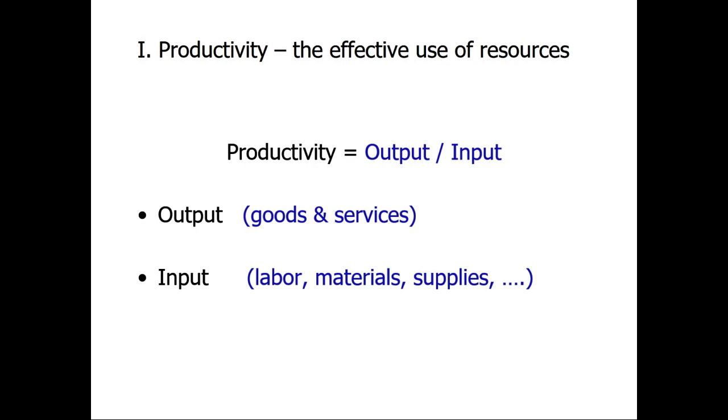So we often see things come up like labor, materials, machine hours. I put supplies here, but I mean raw materials that go into the process. So there are lots of things we could use: electricity, gas, the list goes on and on.